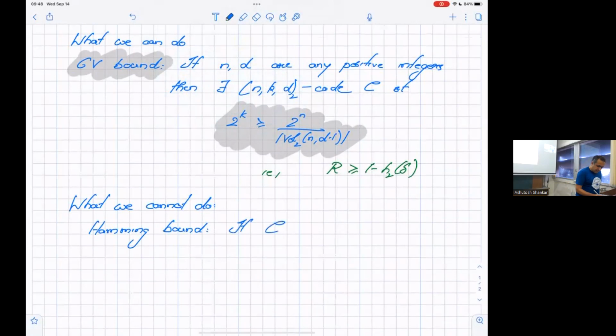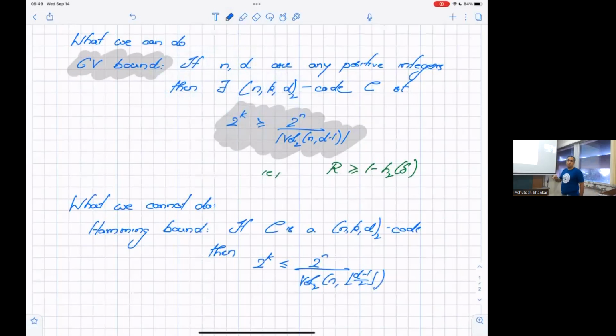If C is an (n, k, d)_2 code, then we must have that 2^k should be less than or equal to 2^n divided by Vol_2(n, (d-1)/2). If you put balls of this size around each codeword, they are disjoint, so they should still fit within the whole space.